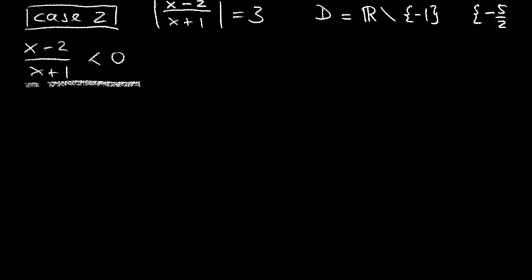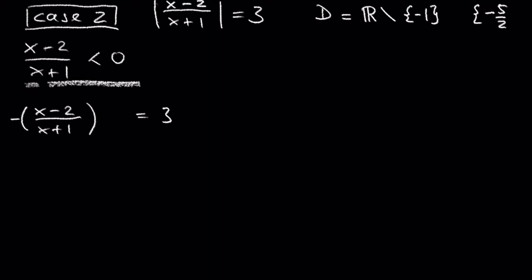Now we can again remove the absolute value bars from our equation, but in this case we have to put parentheses around the expression in the absolute value bars and a negative sign in front. Let's remove the negative sign and the parentheses and flip the signs in front of the x and the 2.